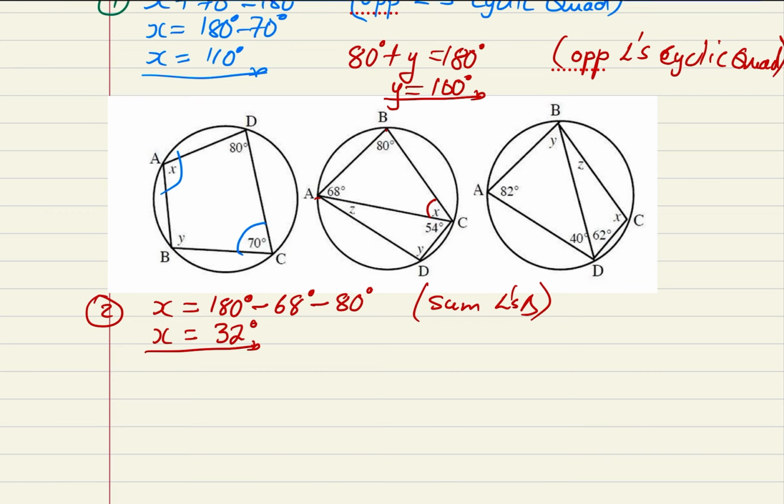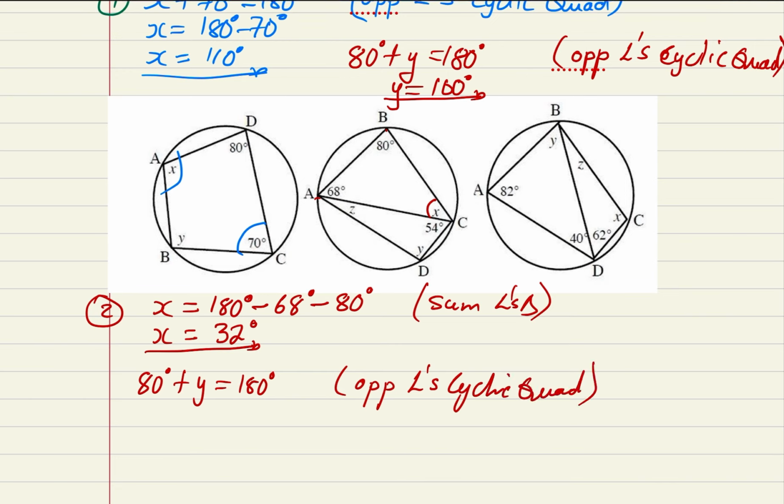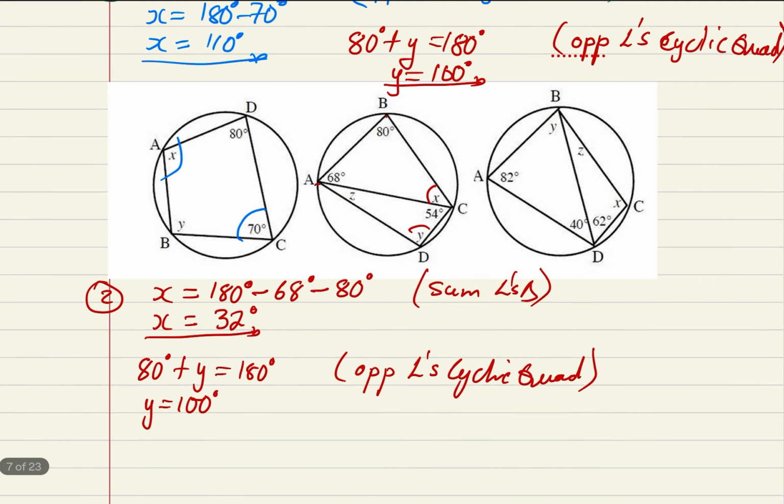Let's check for y. For y, I will say 80 degrees plus y equals 180 degrees. Why? These are opposite angles of a cyclic quad. That is supplementary. So that means y equals 100 degrees. Then having y gives us leverage to find z.